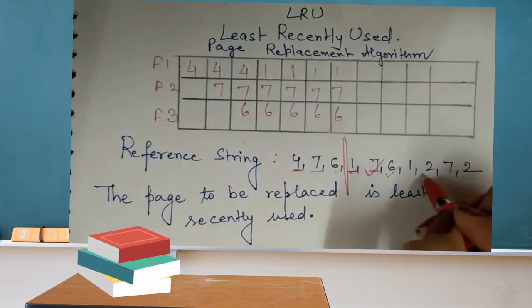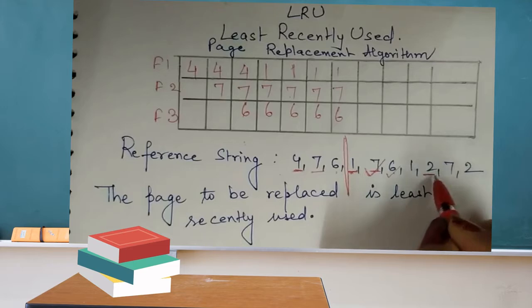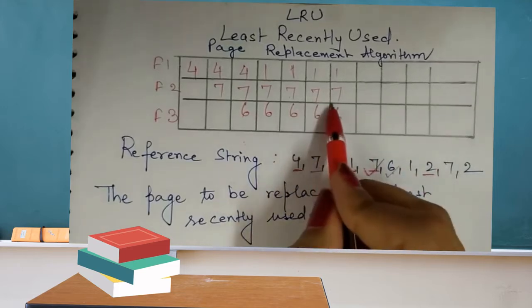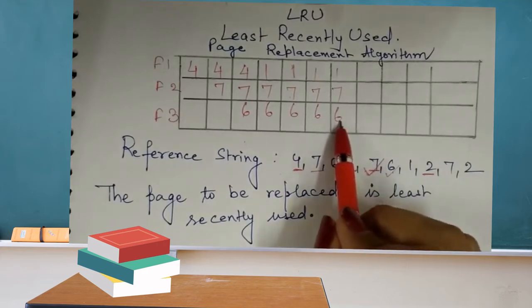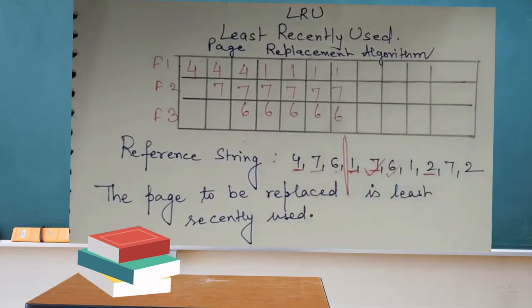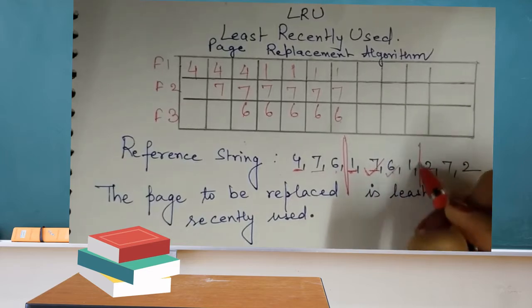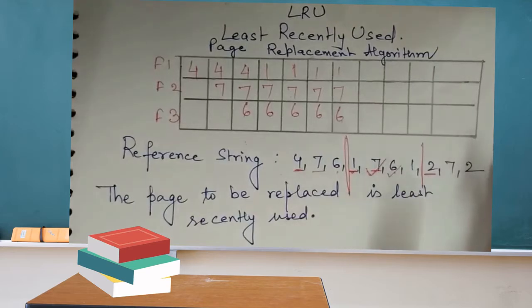Let's come to the element 2 here. So first we'll check whether 2 is present in my memory or not. 2 is not present in my memory, so I need to make a page replacement. Which page to replace? So I'll be again dividing the string into 2 parts, the left hand side and the right hand side.